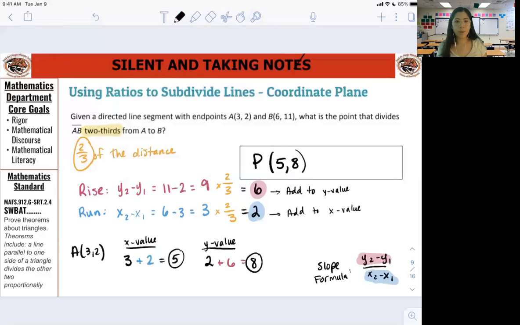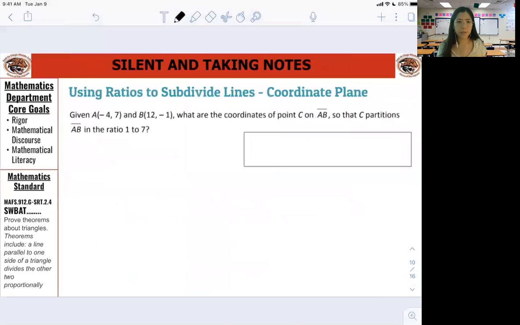Okay, so I want you guys to try this next one on your own. Okay, same idea, very, very similar. I'm going to do it right alongside you. And if you want to check your answers along the way, you can ask me in the chat. So go ahead and get started, try it out.